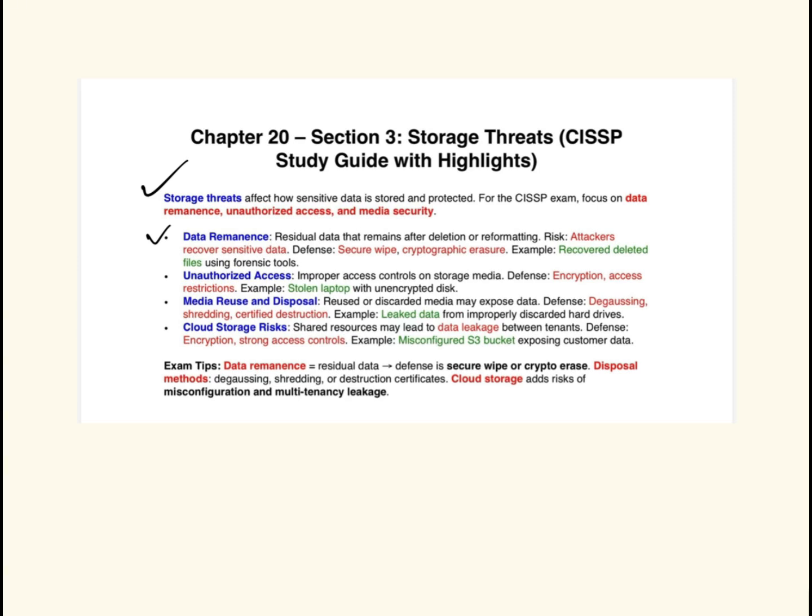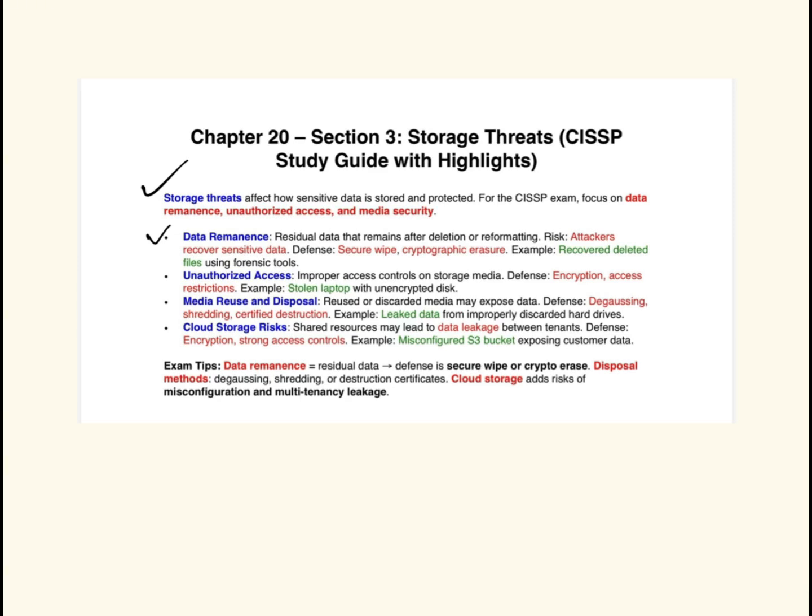An important defense is secure wipe, overwriting all bits multiple times. Also cryptographic erase: delete the encryption keys so the data becomes unreadable. So data remnants is leftover data, defended with secure wipe or crypto erase.